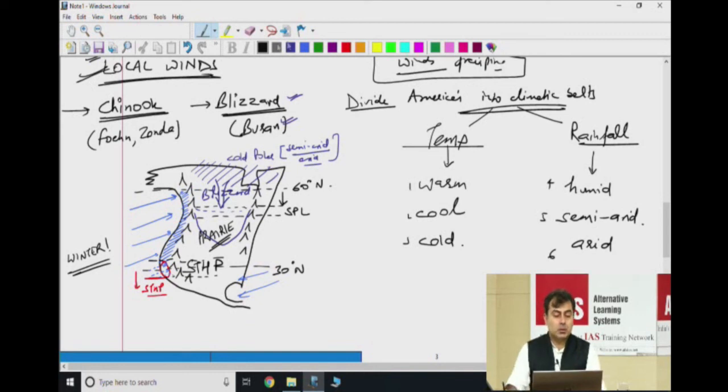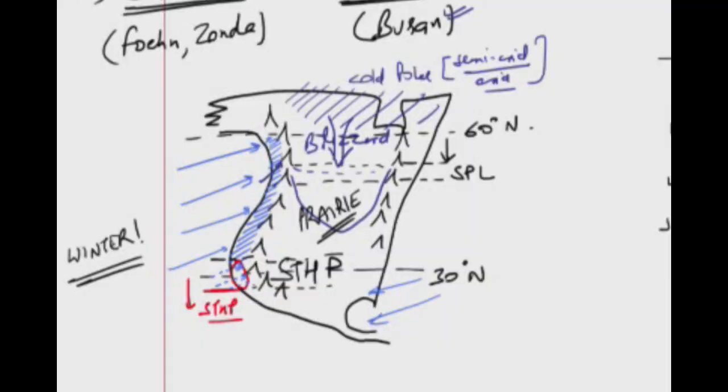Now, these westerlies which are blowing, they blow throughout the year. When they rise on the mountains, they condense, and what do they create? They create rain. But the moment they cross the mountain, they begin to heat adiabatically.